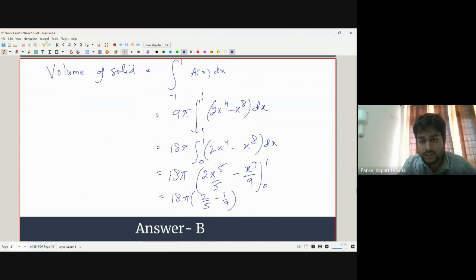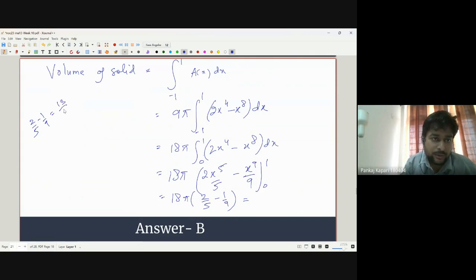So let's simplify this. So it is 2 by 5 minus 1 by 9.